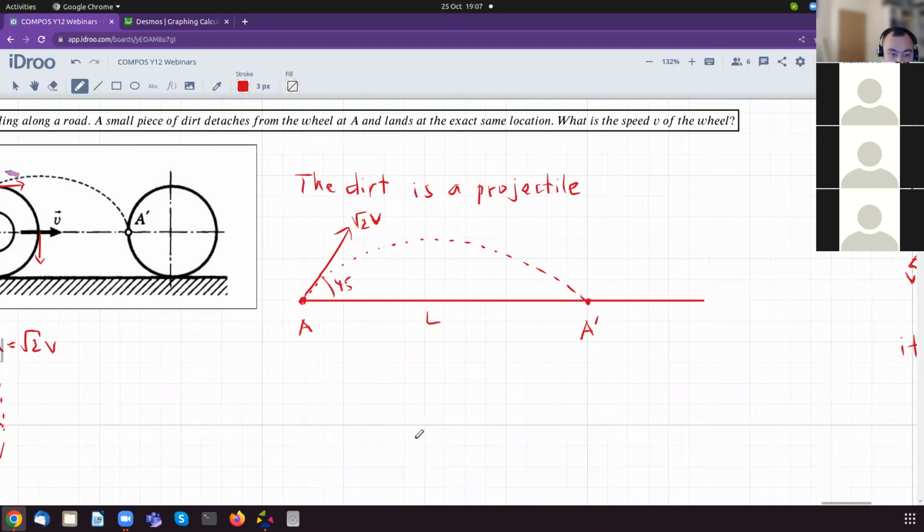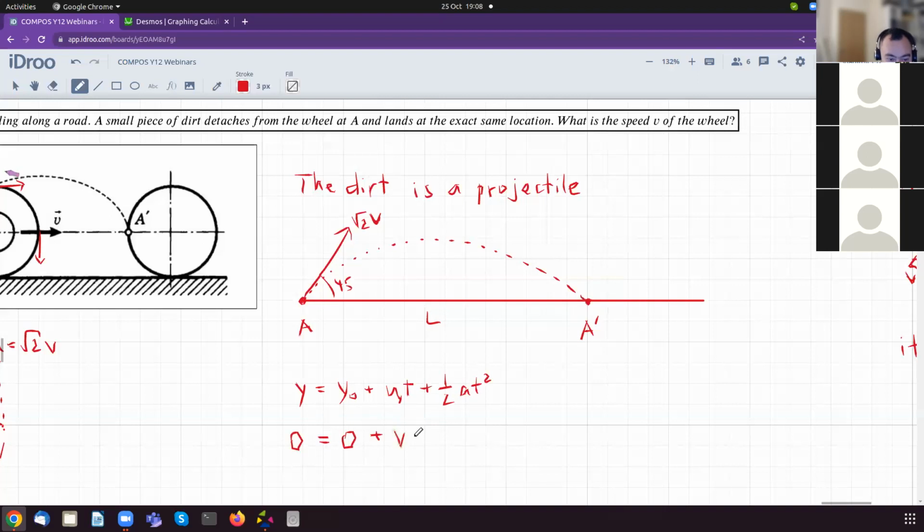Now we need the vertical displacement. So y is equal to y0 plus uy t plus 1/2 a t squared. We're already familiar with this. We know that the displacement is 0 because it goes from A to A, so the height does not change. It's 0 plus, oh no, the vertical velocity is v, we don't need the square root of 2.